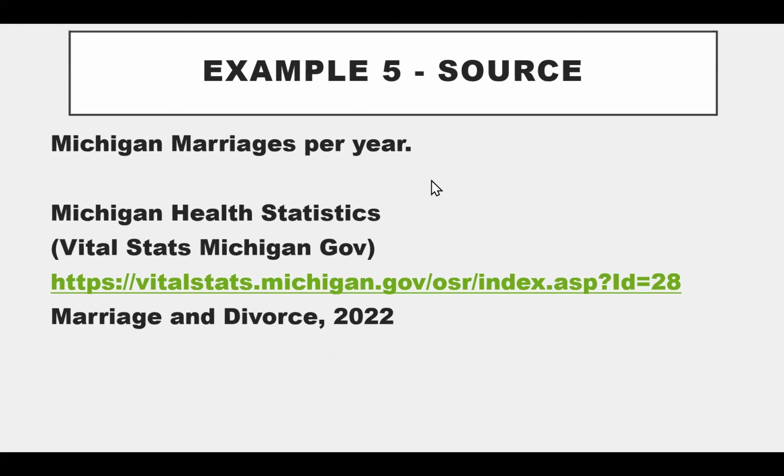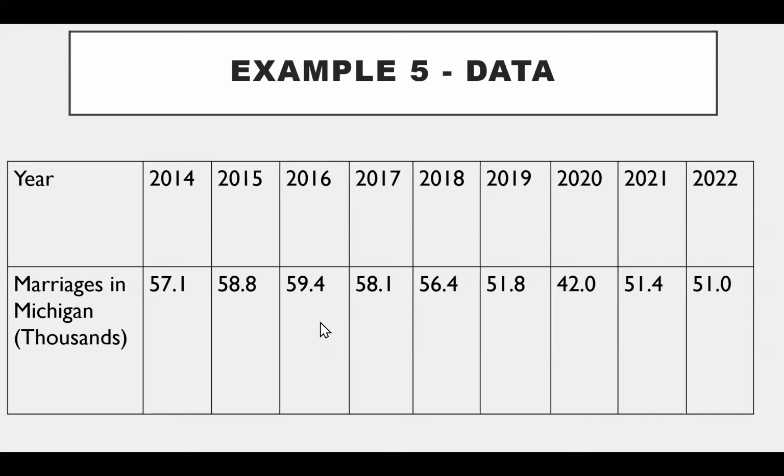Let's do one more example like that. Let's look at some data on Michigan marriages per year. Again, this comes from Vital Health Stats, the Michigan website at michigan.gov. So this is marriage and divorce rates, marriage rates up to 2022. Okay.